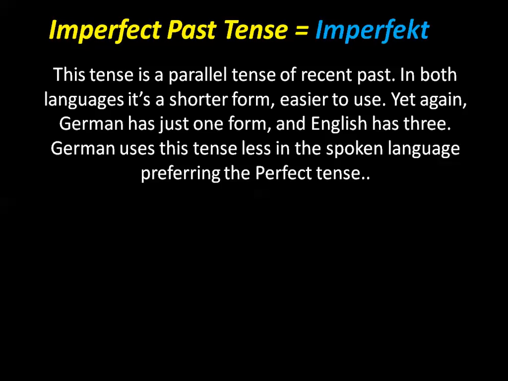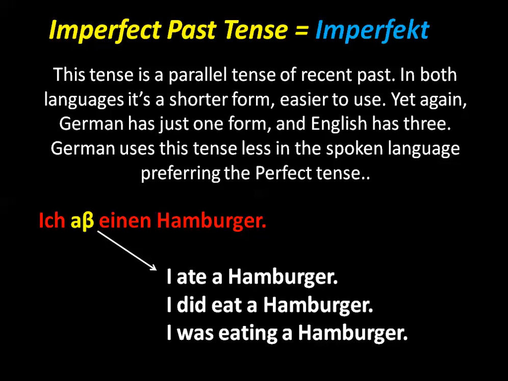But in speaking, Germans prefer to use what we in English would call the present perfect tense to relate those events, whereas this tense, the imperfect tense, is more written. So in newspaper articles or in papers relating things that have happened in the recent past. So for example, ich aß einen Hamburger. In English, this could mean I ate a hamburger, I did eat a hamburger, or I was eating a hamburger.